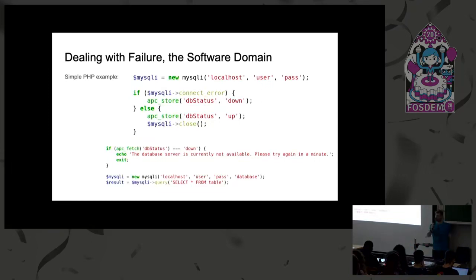To give an example of a failure in a software domain, at the top we see a snippet that connects to MySQL, and if the MySQL connection fails, then we store the fact that the database is not working at the moment. And if it's up, then we store that too, so that in the snippet at the bottom we can check whether the database is up or down.